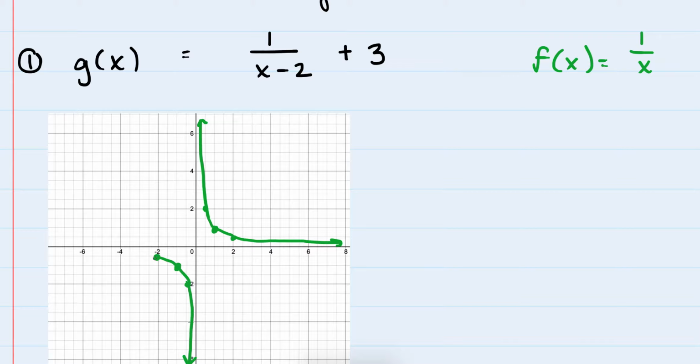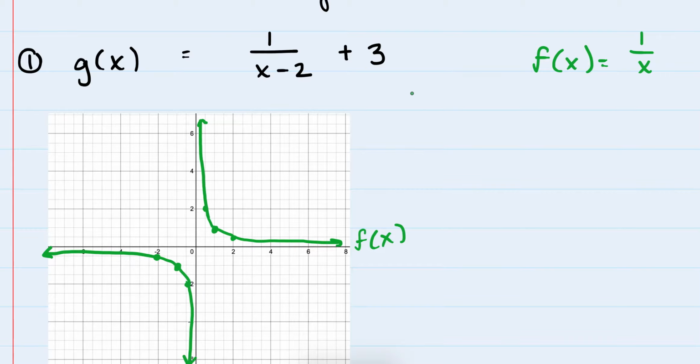So I'm going to go down like that. And this is going to go upward and get really close to 0 but not touch it. So something like that. So this is what 1 over x looks like. And I'm going to put f of x here. Again, draw this in pencil because we're going to change this.